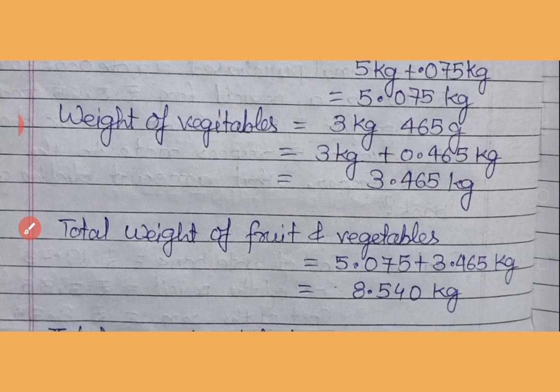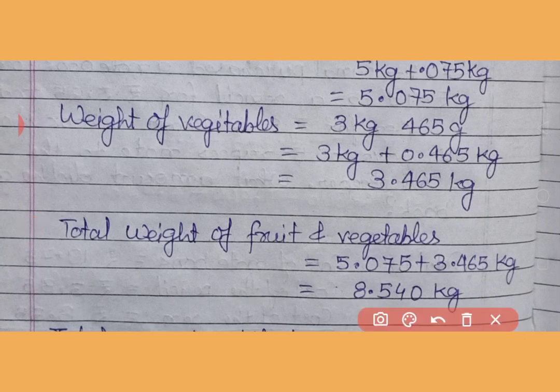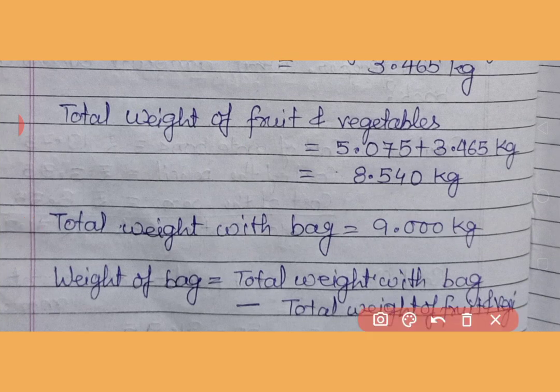And next the weight of vegetable is given, 3 kg 465 grams. So 465 grams will change into kg, so it became 3 kg 0.465 kg, 3.465 kg. Now the total weight of fruit and vegetables is 5.075 plus 3.465 kg. After the addition we are getting the total weight of the fruit and vegetable.